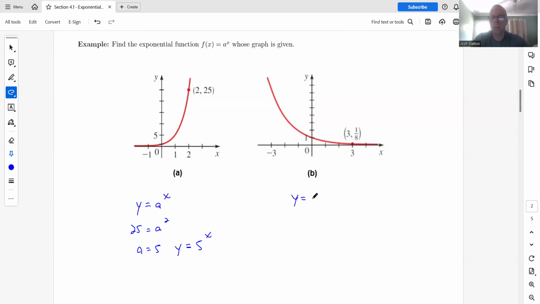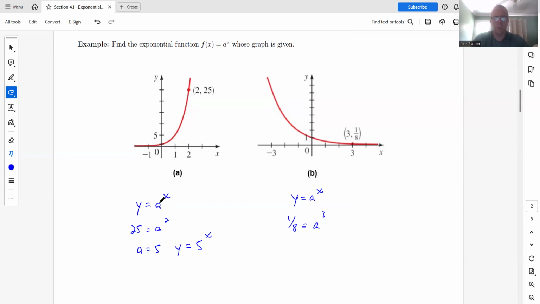Same thing here. So y equals a to the x, and we know that when x is 3, y is 1/8. So 1/8 equals a cubed. This one is decreasing, so that tells us that a is going to be between 0 and 1.